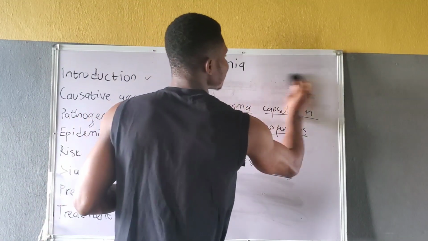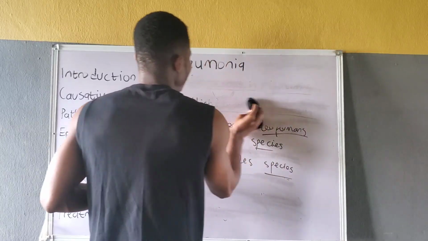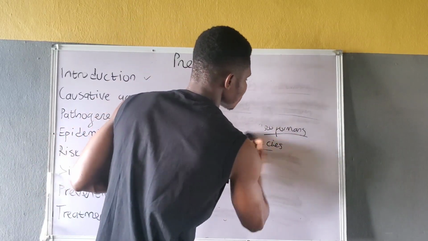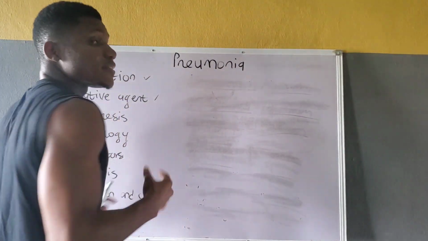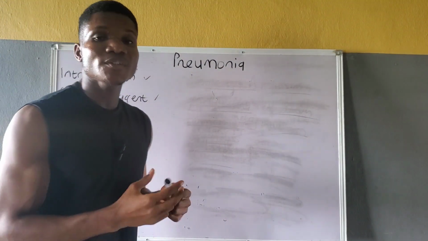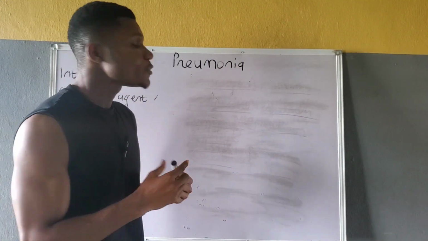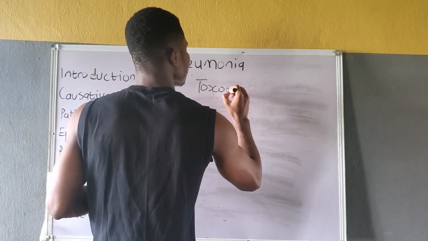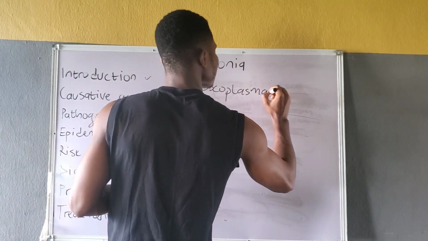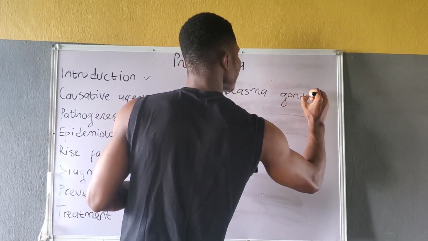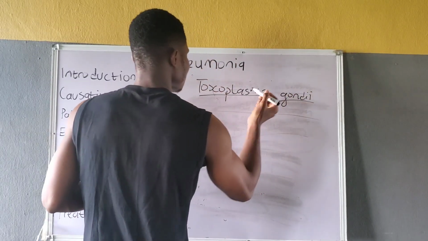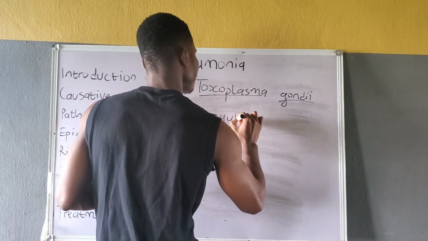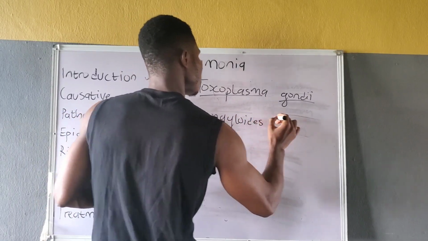Also, there is parasitic pneumonia. Parasitic pneumonia is quite rare. It's usually very rare, but when it happens, it's usually due to two organisms, majorly Toxoplasma gondii, as well as Strongyloides stercoralis.